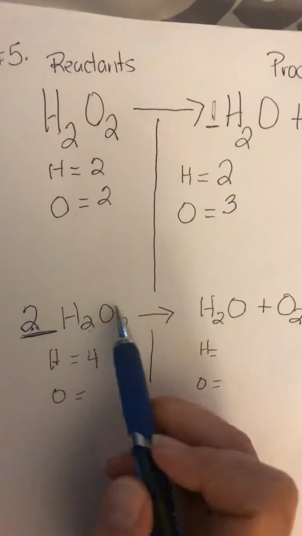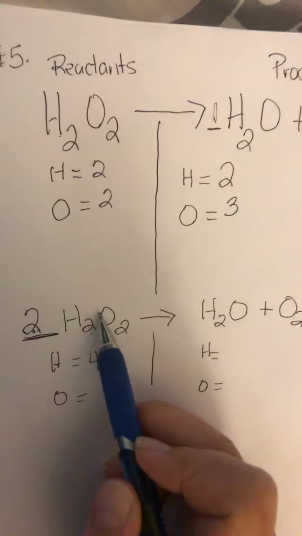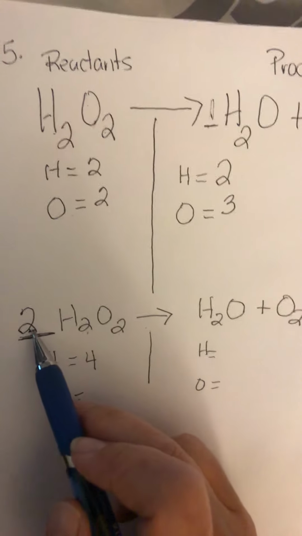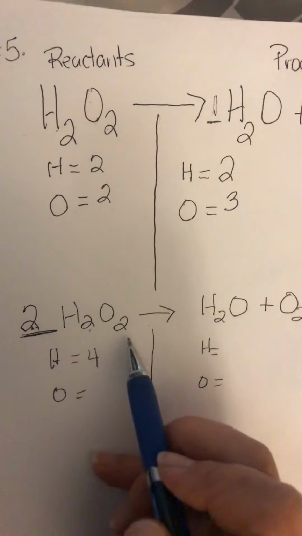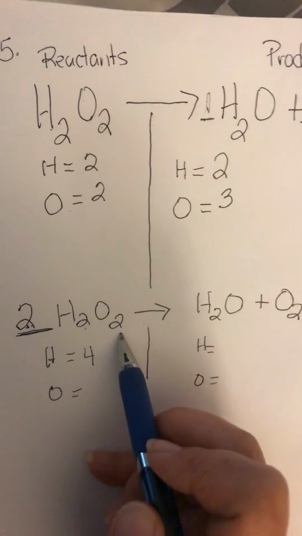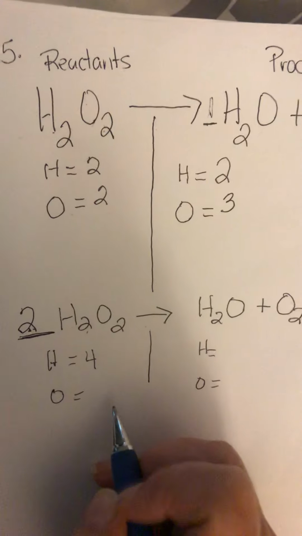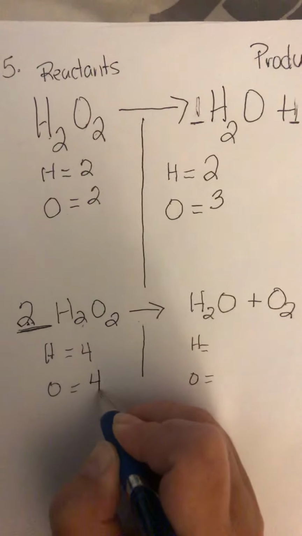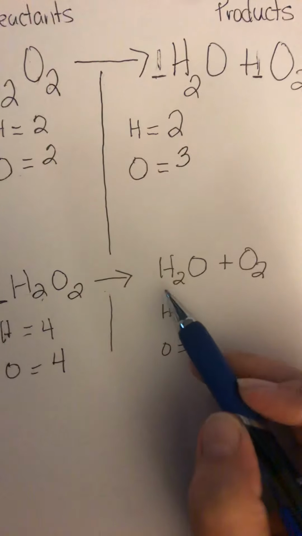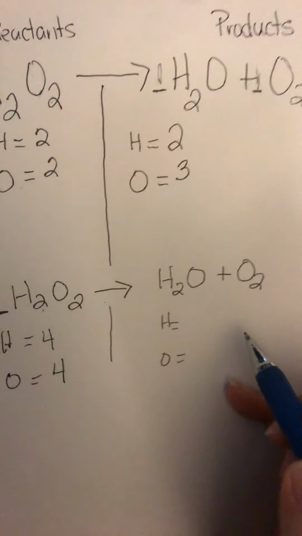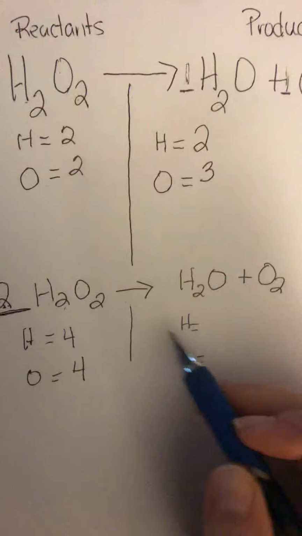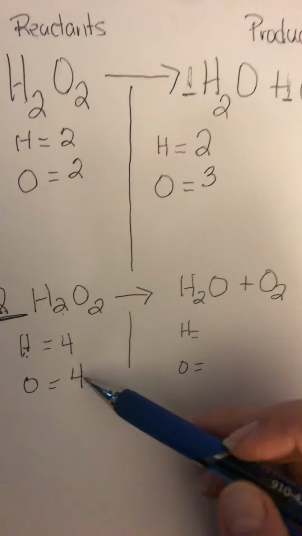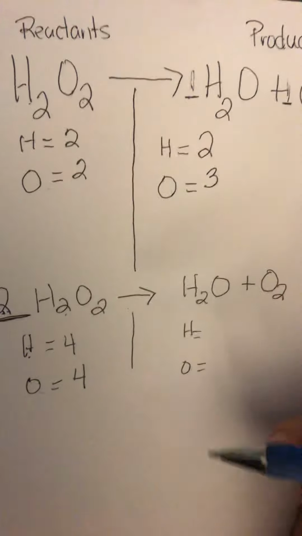And then because this is written together with no plus sign in between, we know this is a molecule. So we would have to multiply this 2 also by this 2 on the oxygen. And 2 times 2 is going to give me 4. So let's take a look at this one. Now on this side, I need to have 4 hydrogen and 4 oxygen.